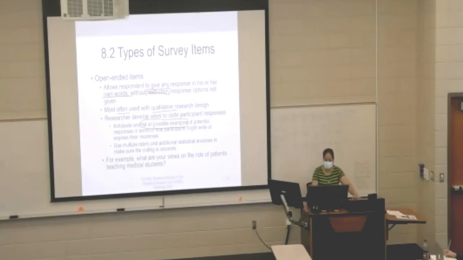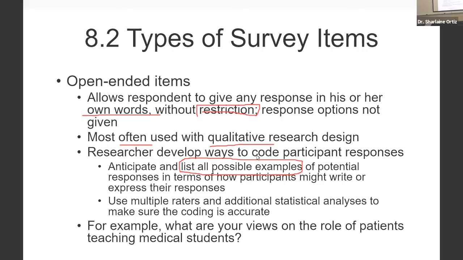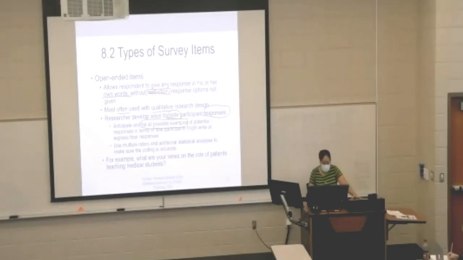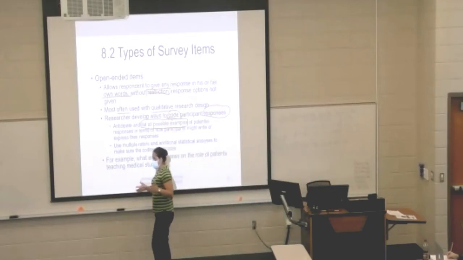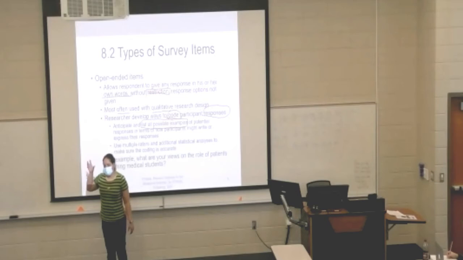Why is that? Because we will need to code those responses. So think about it: we have our depression and COVID survey, and we're going to have the little category or the little box of isolation.